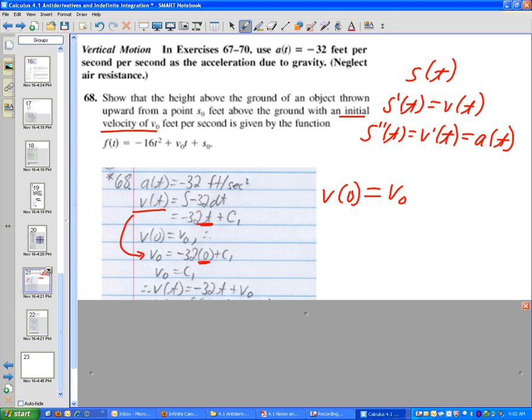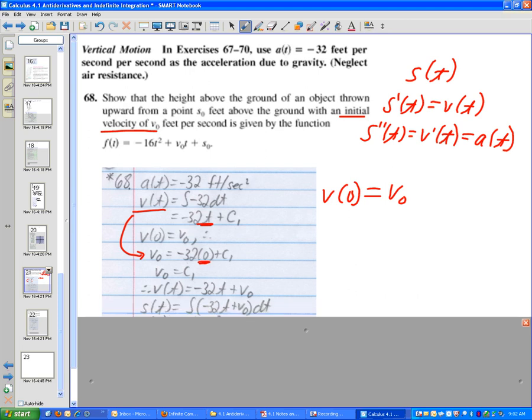Do the same thing again, and I'll end up with the position function, won't I? Take the antiderivative of both sides. The antiderivative of velocity is position. Then the antiderivative of negative 32t plus v0 dt, I'm going to have to figure out.